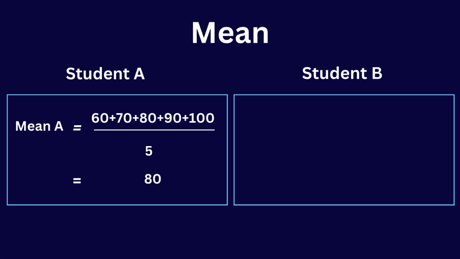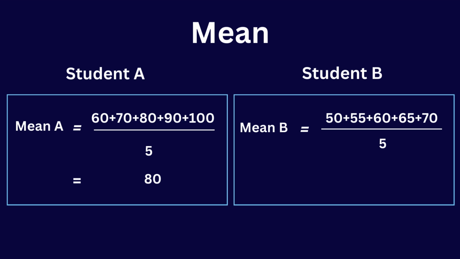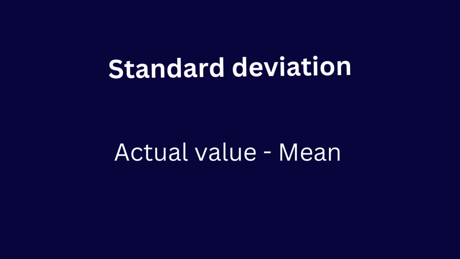For student B, the mean is 50 plus 55 plus 60 plus 65 plus 70, then divide it by 5, and the final answer is 60. Let's see how to calculate standard deviation. The first step is to calculate the deviation from the mean. For each score, subtract the mean and then square the result.